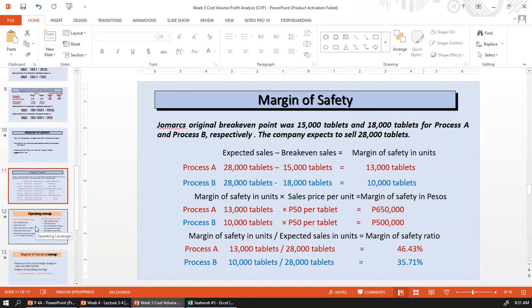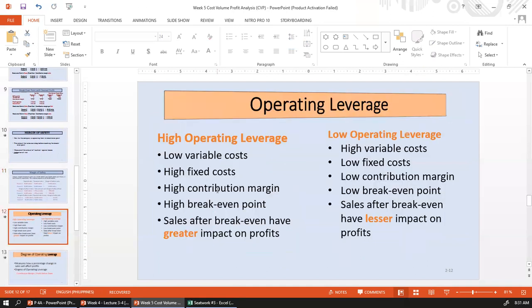Now we compute for the operating leverage. Okay. High operating leverage will result to low variable cost, high fixed cost, high contribution margin, high break-even point, and sales after break-even have greater impact on profits. Ibig sabihin yan, pag ang sale natin is 100, ang variable cost is, let's say, 40, you will have a high contribution margin, right?